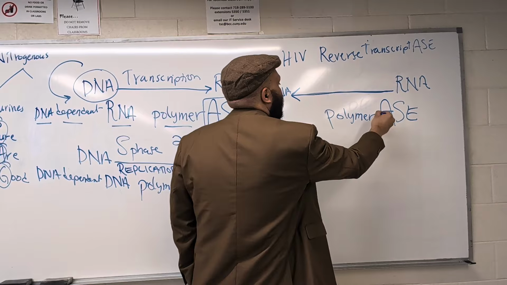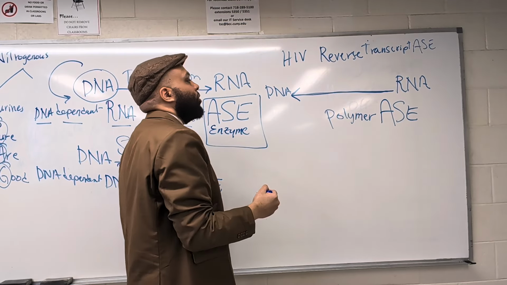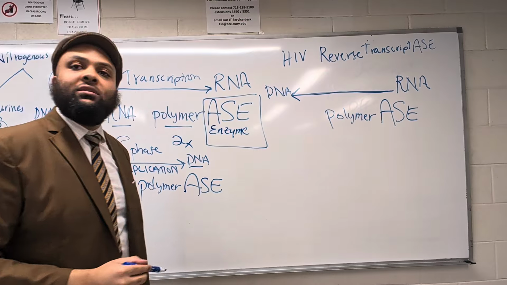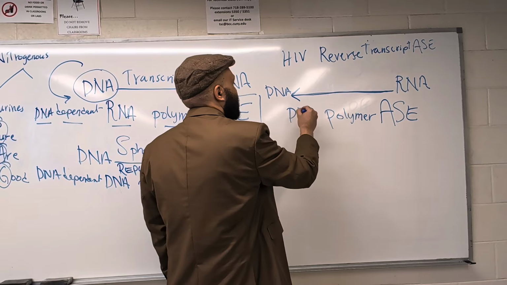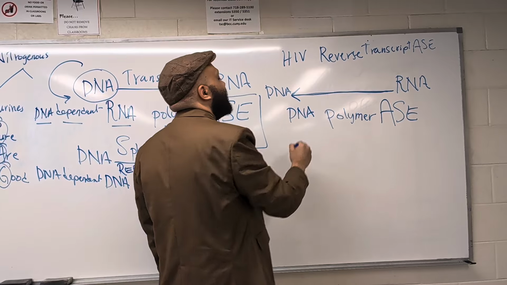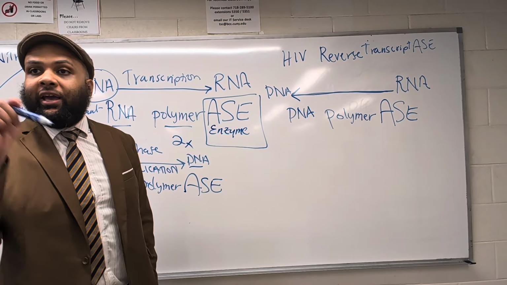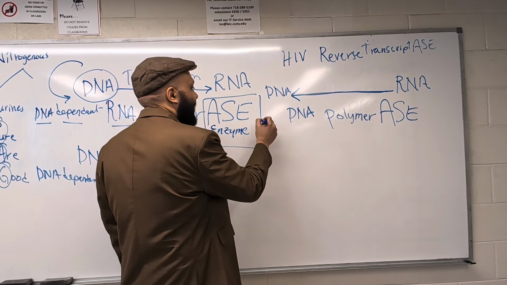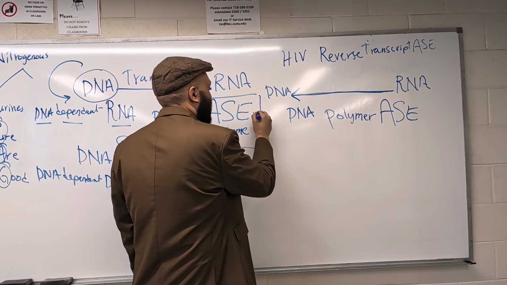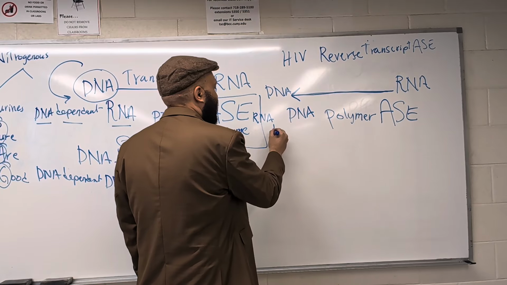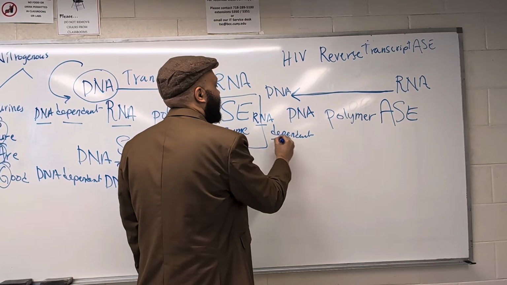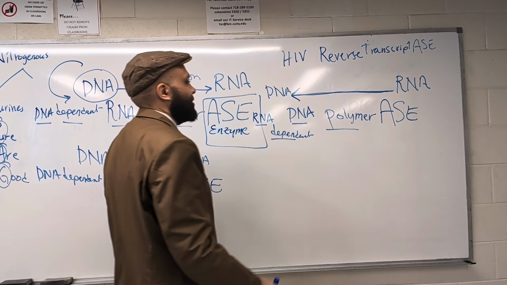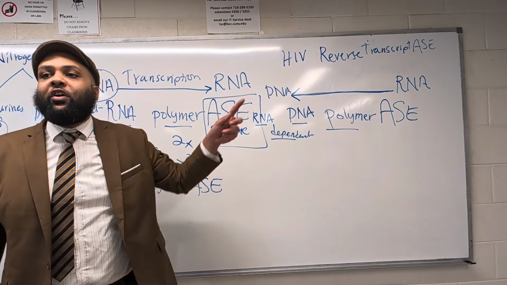So it's a polymerase. What kind of polymer does it make? Yeah, it makes DNA. But what did it depend on? There you go, so it's an RNA dependent DNA polymerase. This is a reverse transcriptase.